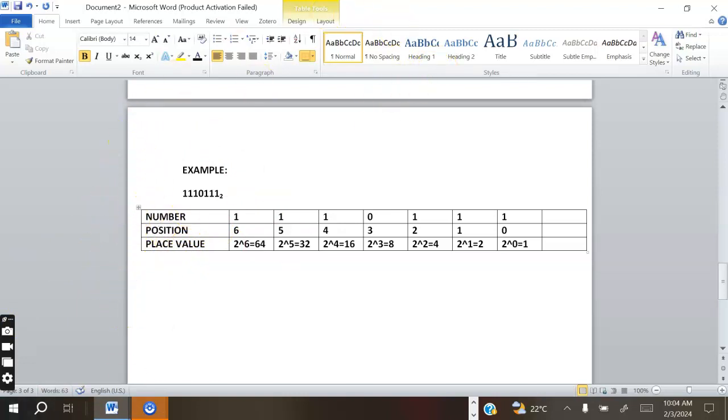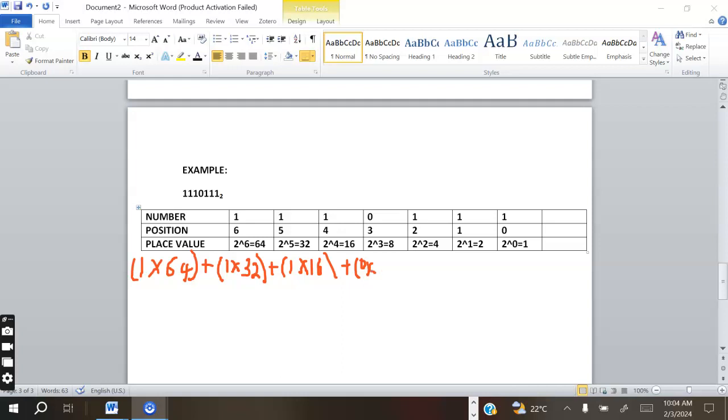Okay, having done that, the next step is to multiply the place value and the number. So we start with the first number, that is 1 multiplied by 64, plus 1 multiplied by 32, plus 1 multiplied by 16, then plus 0 multiplied by 8.